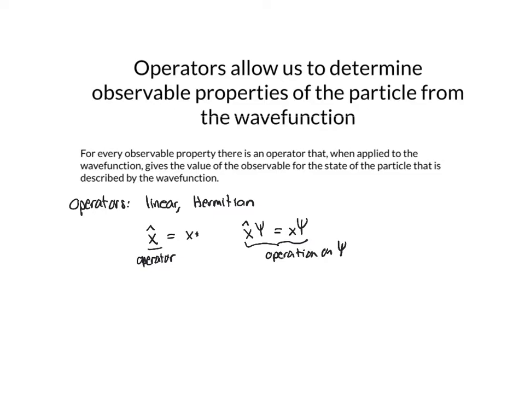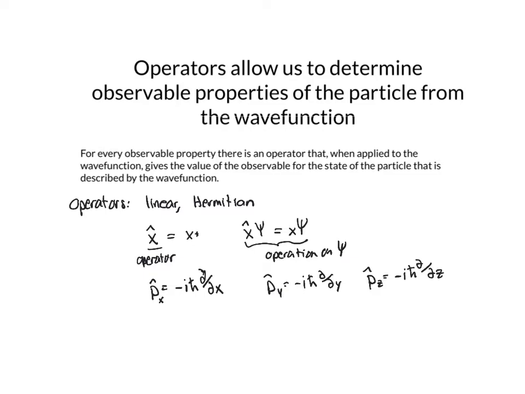The momentum operator is minus i h bar, take the first derivative. So if I'm doing the momentum in the x direction, take the first derivative with respect to x. If I'm doing the momentum in the y direction, I'm just going to do the same thing, but take the first derivative with respect to y. And if I'm doing the momentum in the z direction, I want the same thing, but I take the first derivative with respect to z.